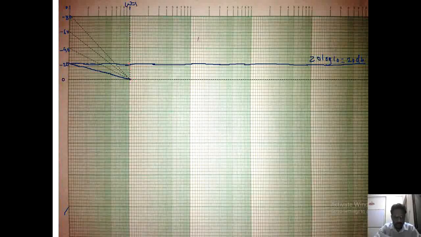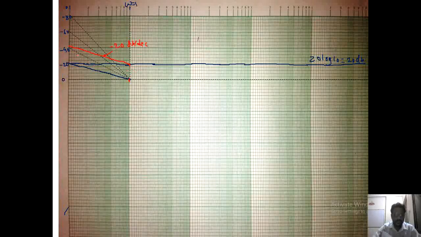So 20 is this point, which means this point should come at this level. So this graph should be shifted above, parallel to that line. Both lines should be parallel. Now this graph is minus 20 dB per decade.